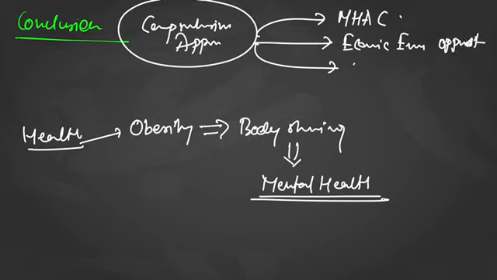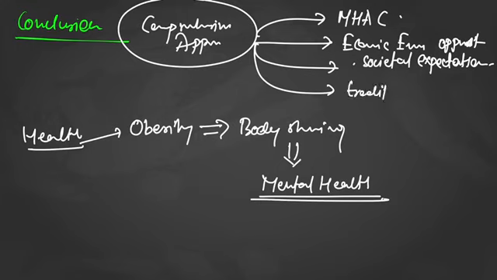Then you also have to talk about the societal expectations. Yes or no? Then you can also talk about that efforts have to be taken by the people, by the civil society, by the government to challenge traditional gender norms and societal expectations.